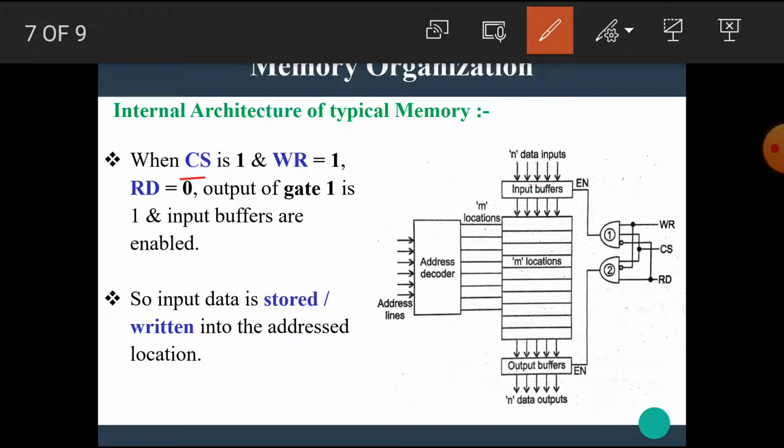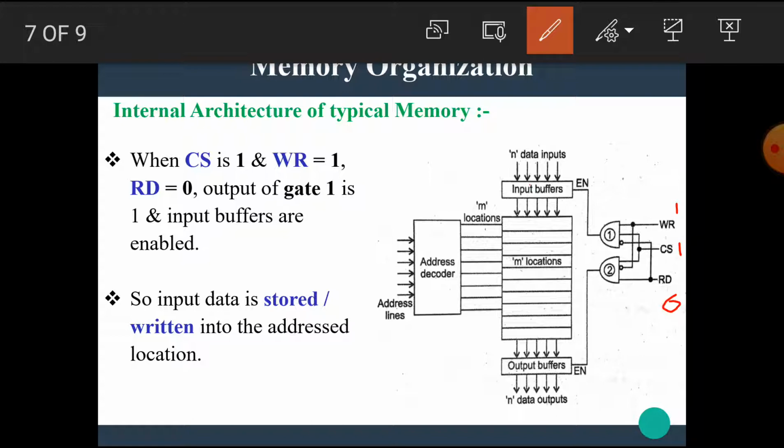Here when CS is 1, WR is 1 and RD is 0, then the output of AND gate 1 is 1 and the output of AND gate 2 is 0. Let's see once again. Here the chip select has the value 1, write has the value 1 and read has the value 0.